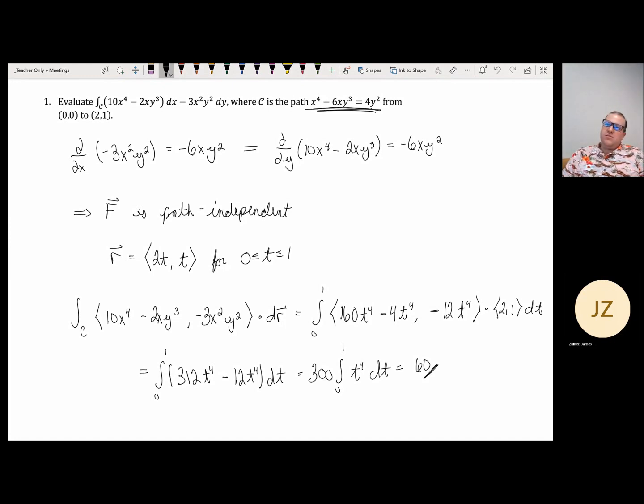So you can do that anytime. The vector field is conservative, which means it's path independent. Right, that's kind of the idea behind trying to find the potential function. But usually just doing a straight line is a lot less work than trying to find the actual potential.